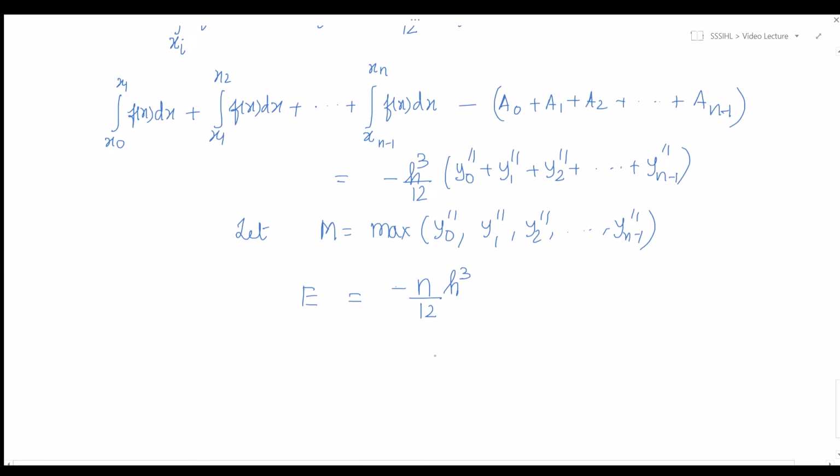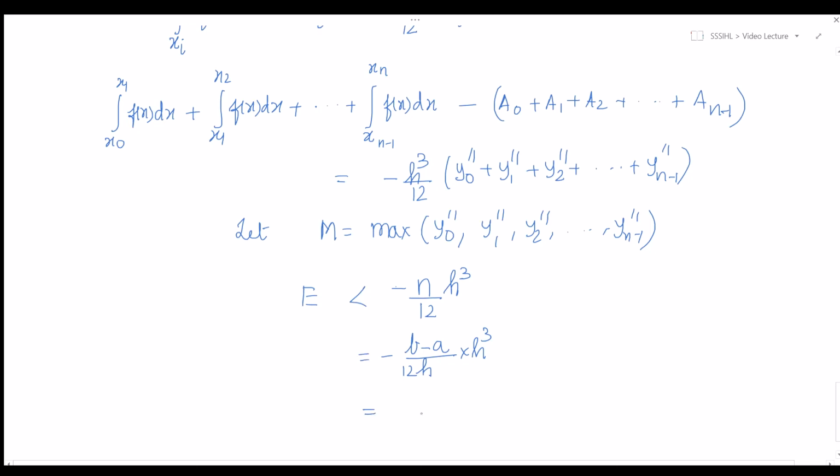So that is equal to (b minus a) by 12h into h cube, that is (b minus a) by 12 into M h squared, or we can say it is less than, because we have replaced each of the values by the maximum.